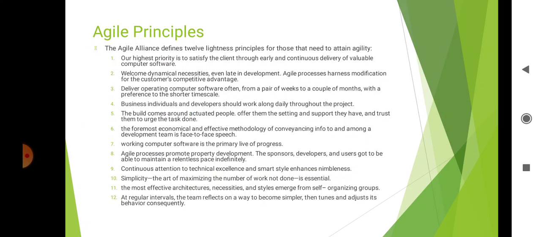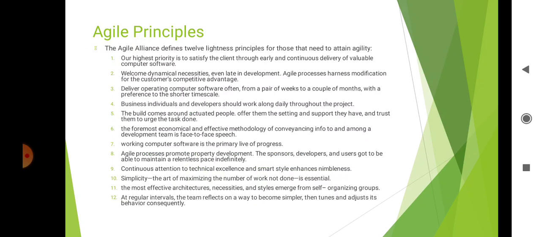Then the second principle is accept changing requirements. That means welcome dynamic requirements even late in development. The Agile process harnesses change for the customer's competitive advantage, even in late development.